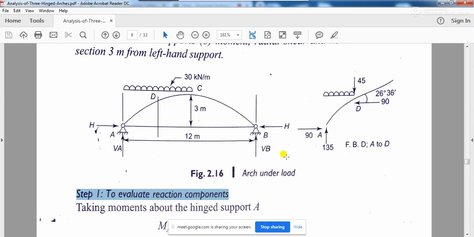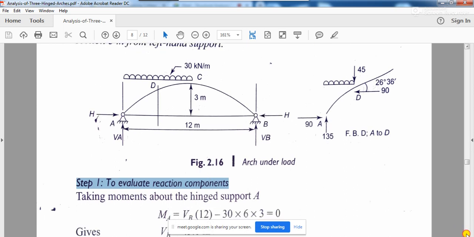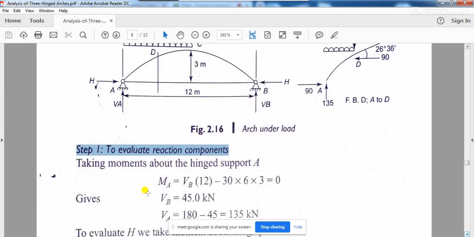You will have to take moment about some support, or you will have to take moment about the hinge point. Let's say we take moment about this point A, the hinge support A.